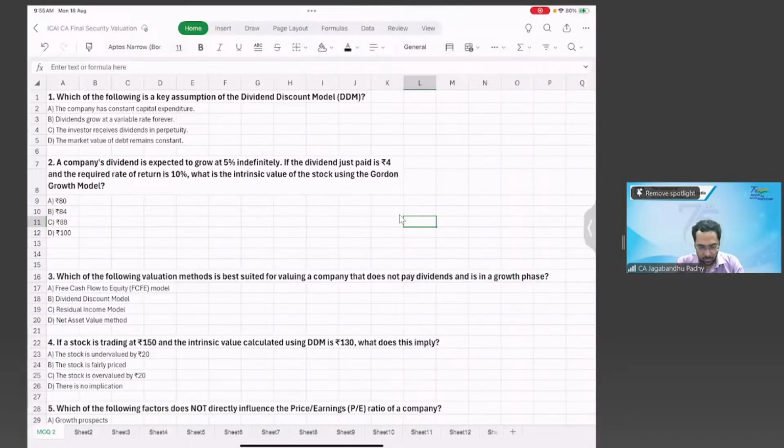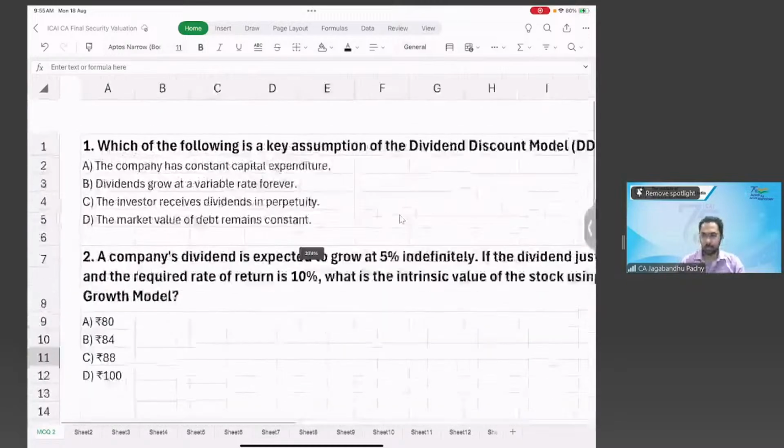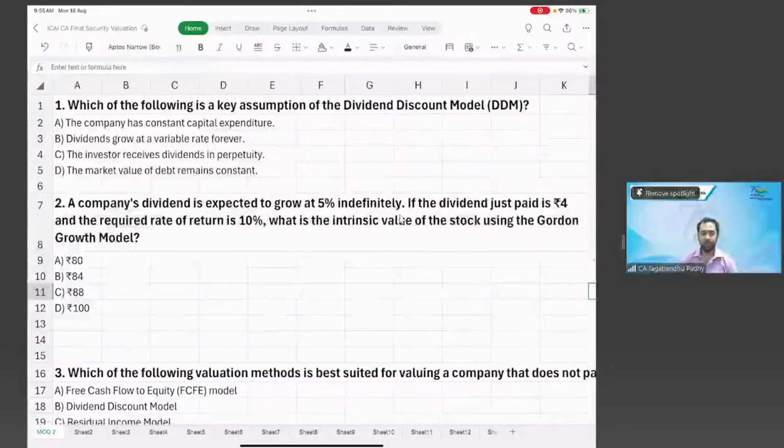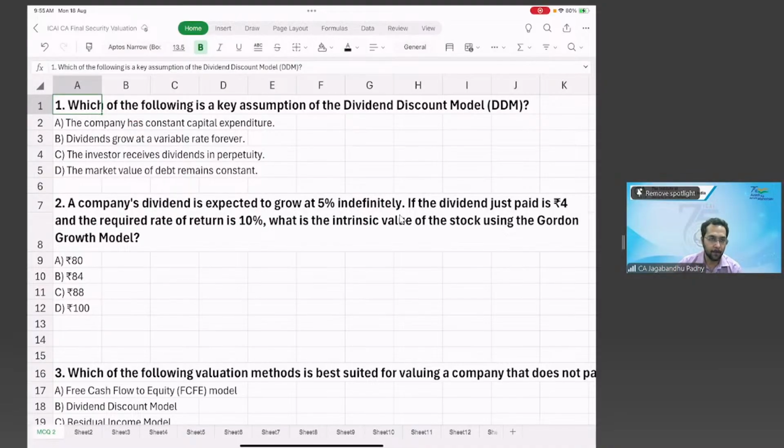Okay, let's look at the MCQs. First one. Which of the following is a key assumption of the dividend discount model? Which of these four options is a key assumption in the DDM?